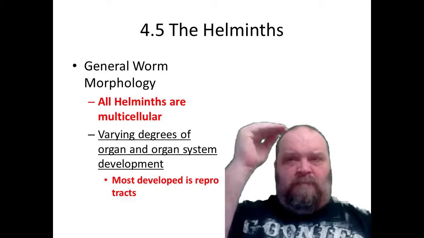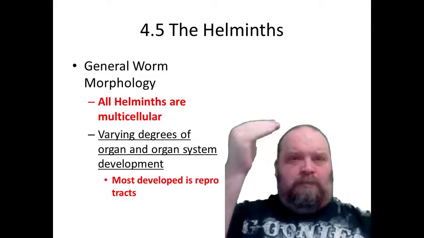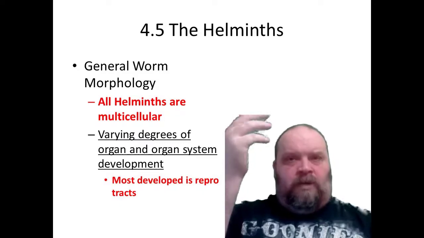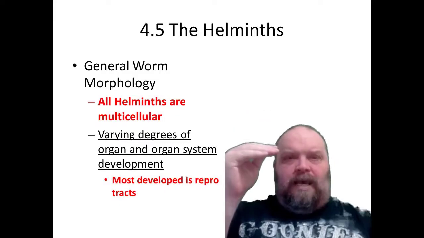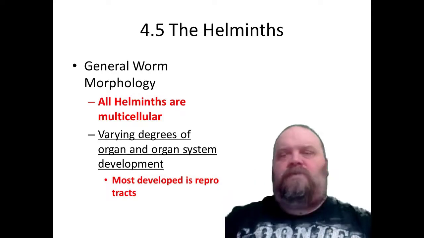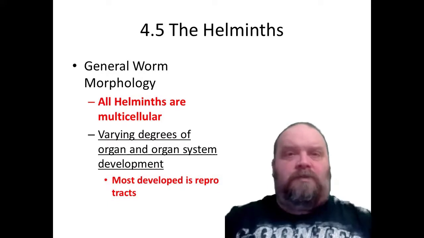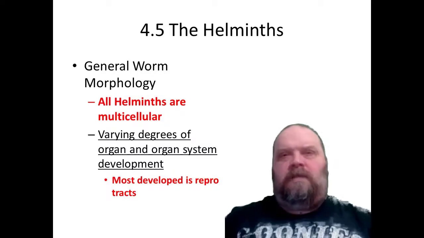Those seem to develop long before anything else does in a species, as the species develops evolutionarily. Next down, digestive, then nervous tissue systems. Yeah, some of these do have some nerves. It's not going to be a central nervous system like we have with brains and spinal cords, but it's going to be rudimentary nerve nodes, allowing them to respond to stimulus.